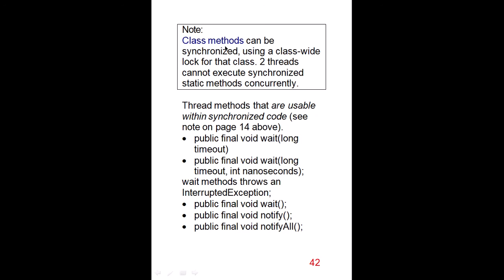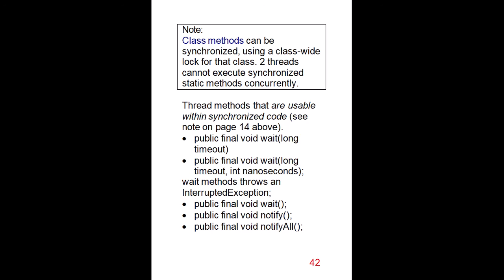So class methods can be synchronized, although what I'm really interested in at the moment is just normal methods that are public and would, other things being equal, allow other threads to execute those methods. And unless you mark them as being synchronized, two different threads could actually concurrently and dangerously execute those methods.